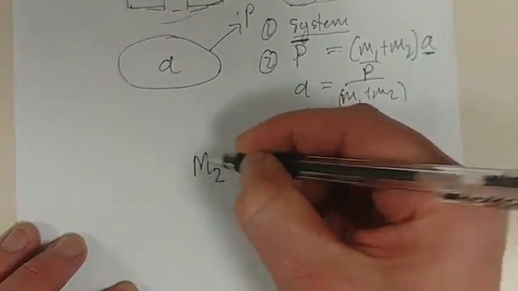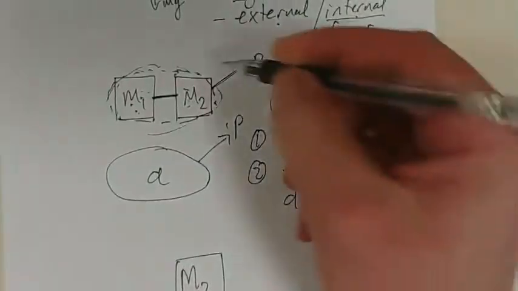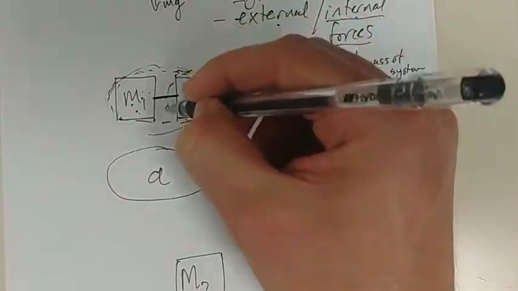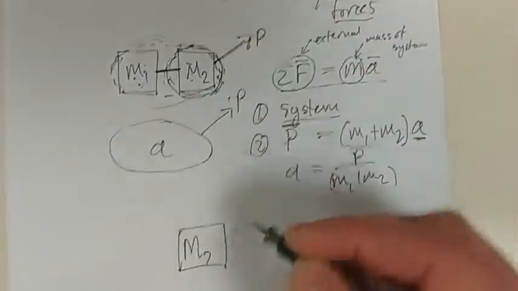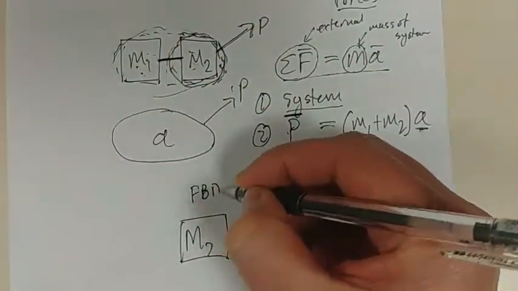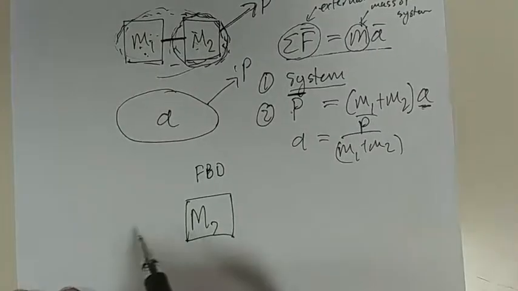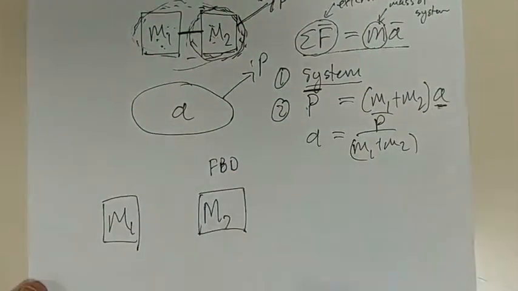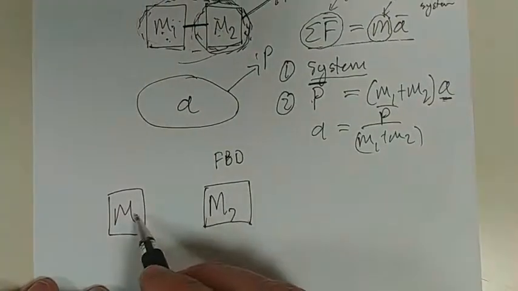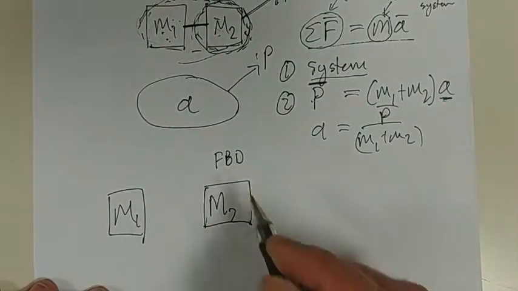Let's take M2 as my system. I just extract M2 and I draw a free body diagram of M2 only. So if I draw M1 here, and there's M2, what is the force that M1 is exerting on M2?